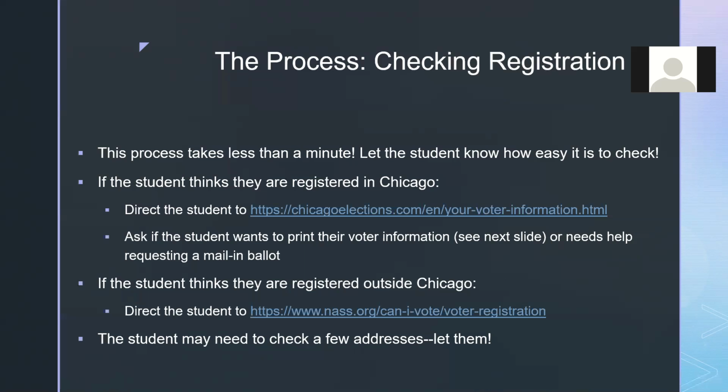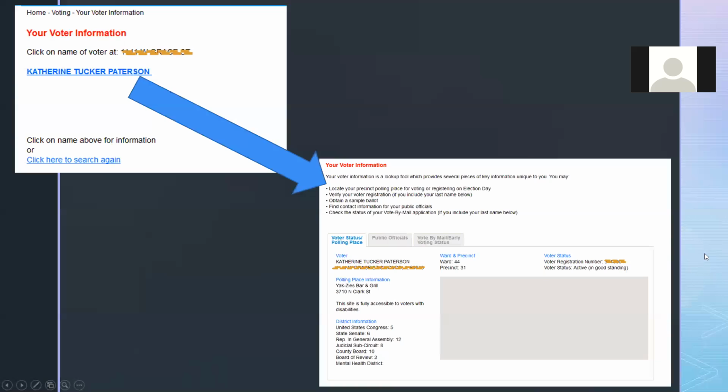If they think they're registered in Chicago already, this website, which is again linked, will be one of the first links you open when you're doing your registration event. You'll take them to the Chicago Elections website and they can check their voter information there. I checked mine and it comes up with this really great thing.